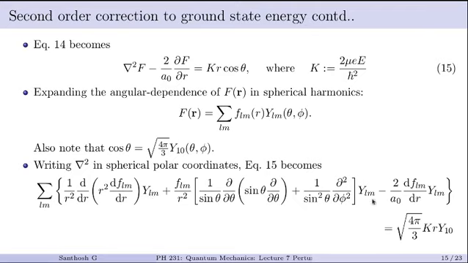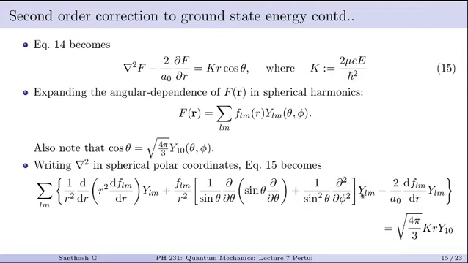So you have Y lm here, and the action of this is like minus L into L plus 1 times Y lm, and you have this fourth factor, which involves derivative with respect to r only, and therefore it affects only this.